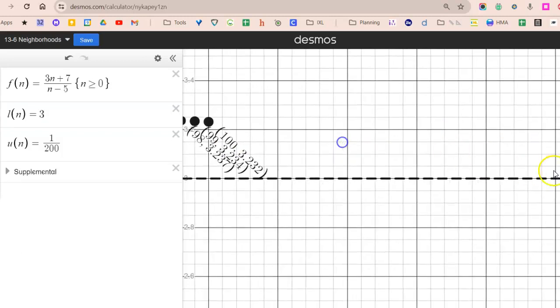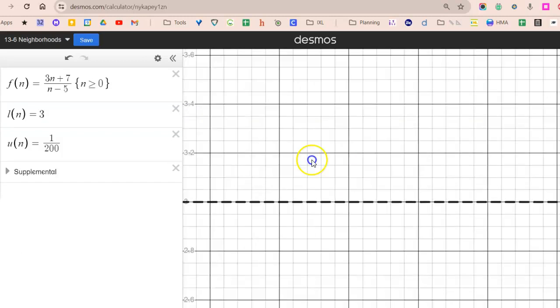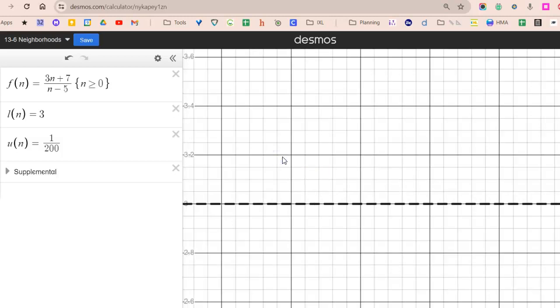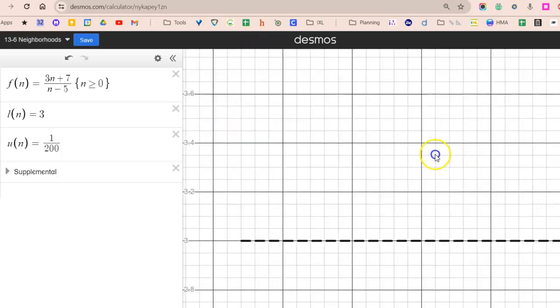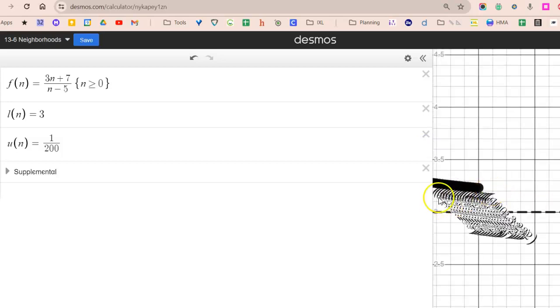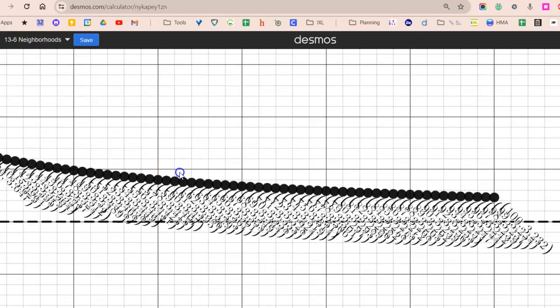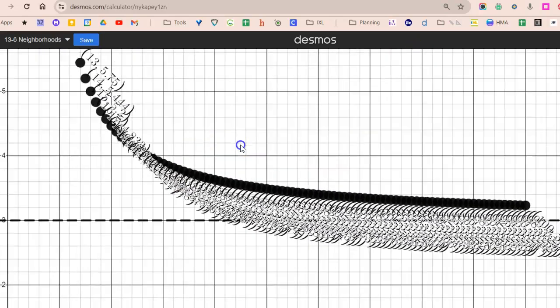And I don't want to have to graph it and scroll until I finally see it cross into the actual shaded area. I want to be able to calculate it. So that's tomorrow's question. But we can definitely see it's getting closer and closer to 3.